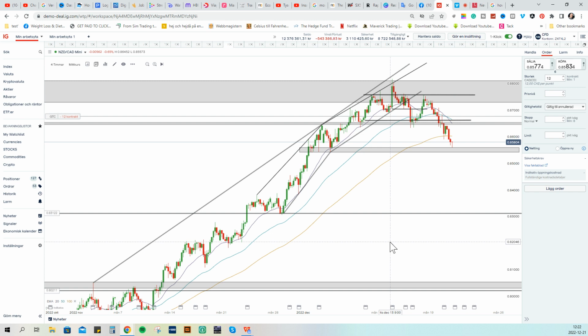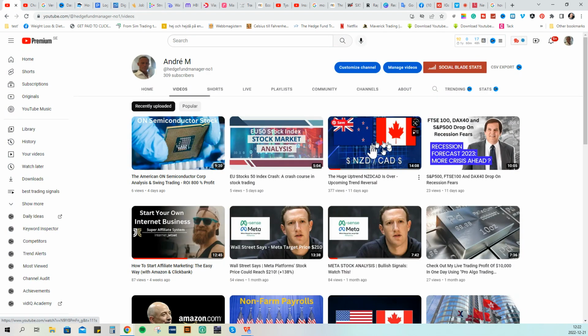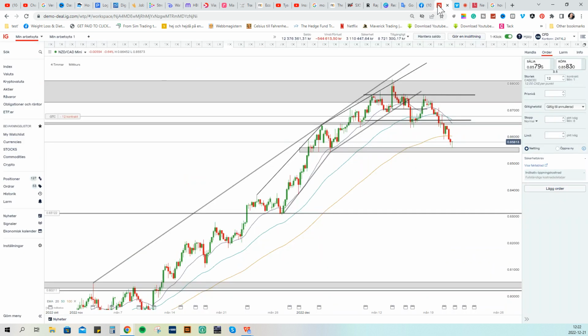What was the reason why, on December 9th, in my former video, I told you that this huge uptrend regarding Kiwi versus Canadian dollar is over? It is because I saw here that the price for the pair was losing momentum. Let me show you the analysis like this.